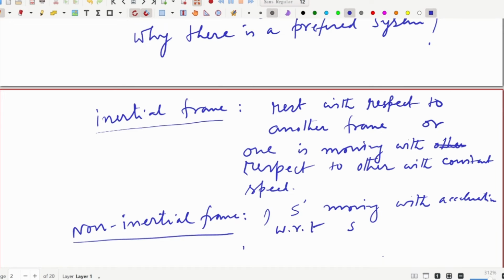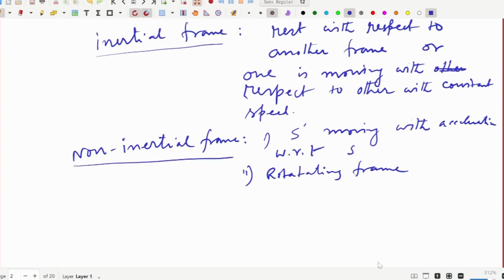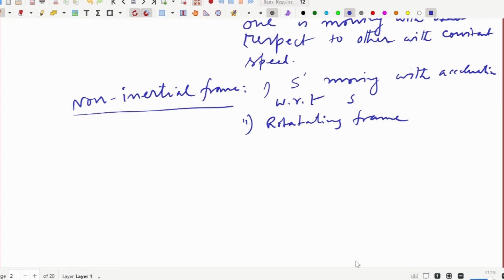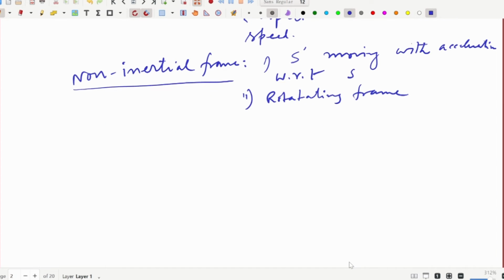Similarly, a rotating frame is also a non-inertial frame. The characteristic of a non-inertial frame is that additional forces appear in these frames, which are called pseudo forces.